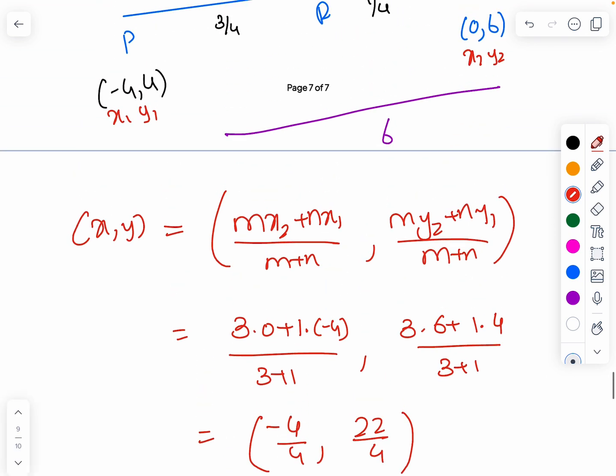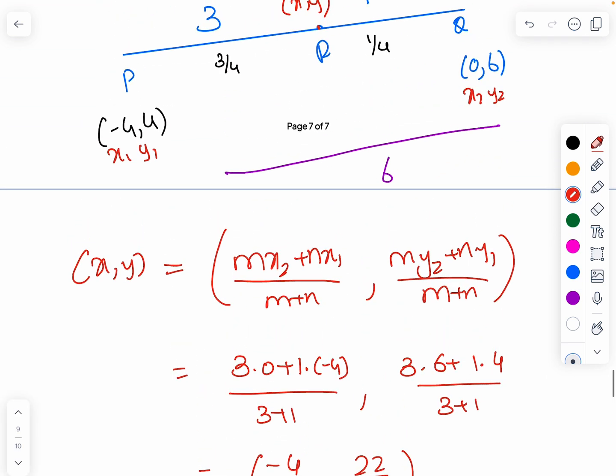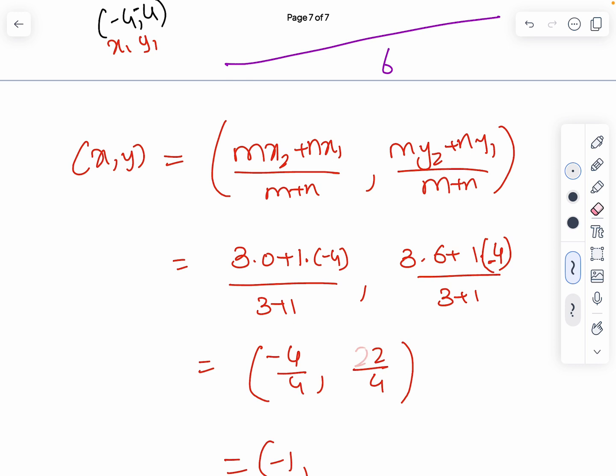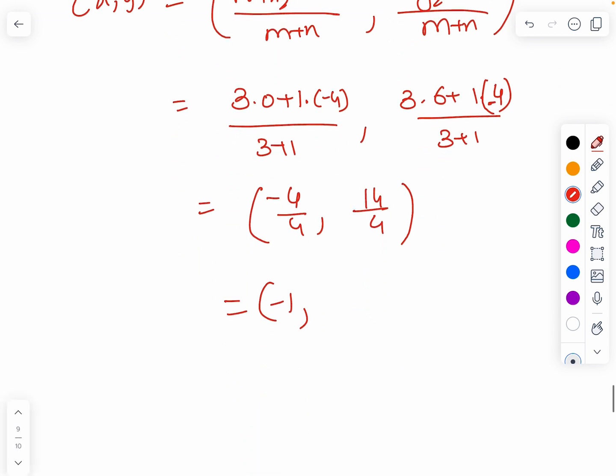For y, 18 minus 4 is 14, 14 upon 4 is 7 upon 2. So negative 1, 3 1/2 is the final answer. So that completes the video. See you in the next video. Bye.